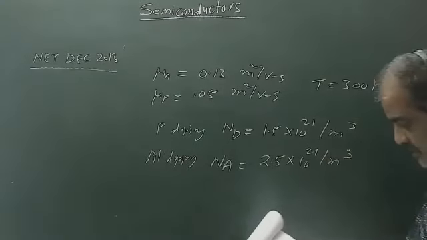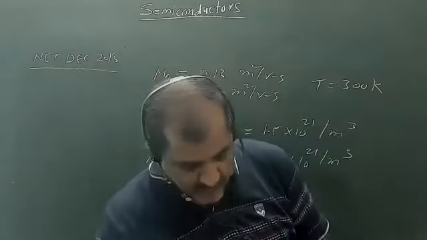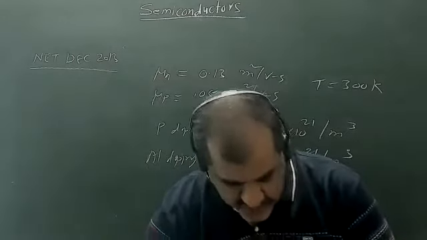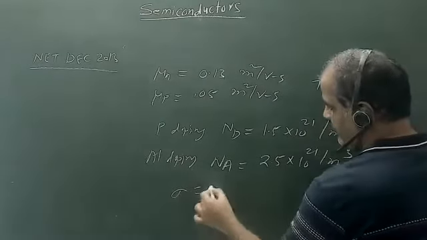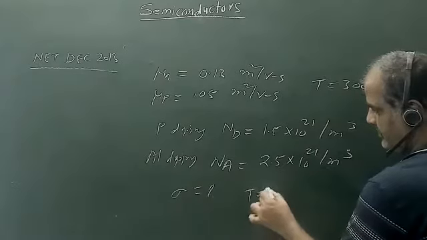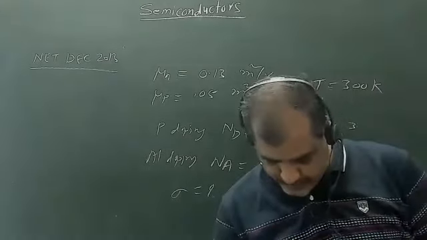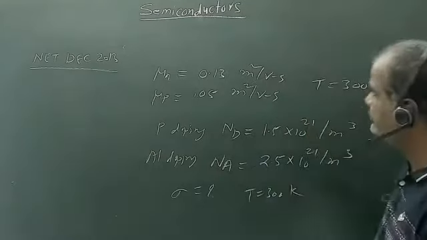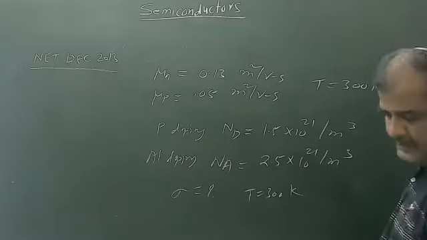So find the conductivity of the silicon sample at room temperature. Find the conductivity, sigma, at room temperature. कैसे करेंगे इसको? So sigma is equal to Nd mu e plus Na mu p.